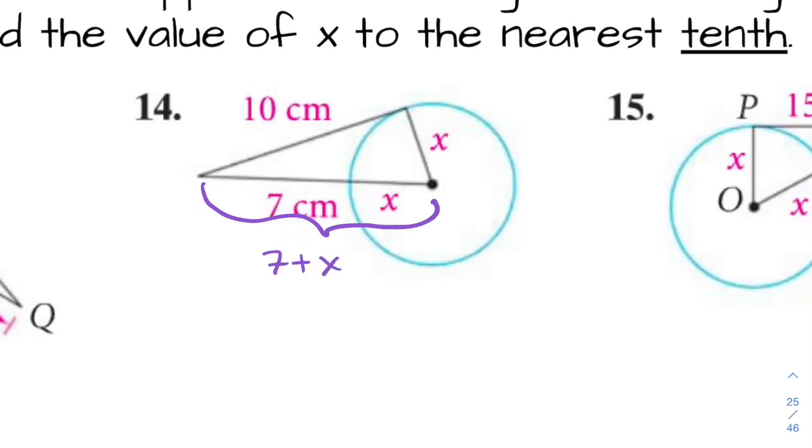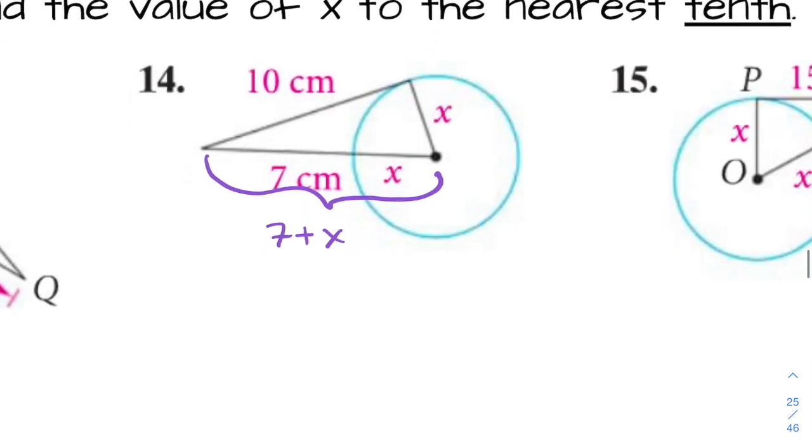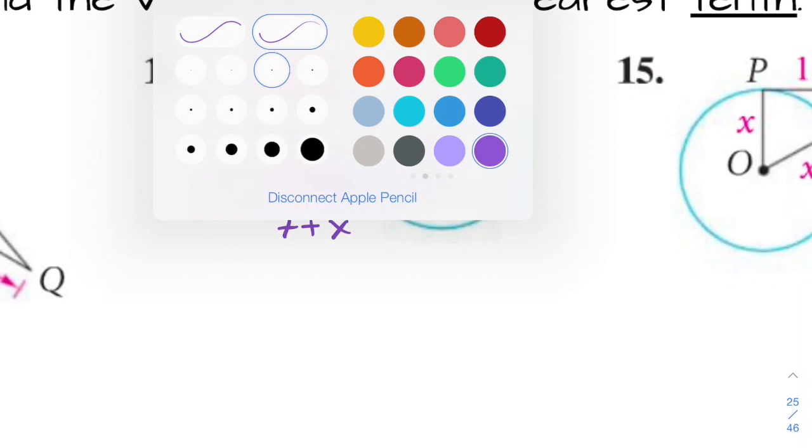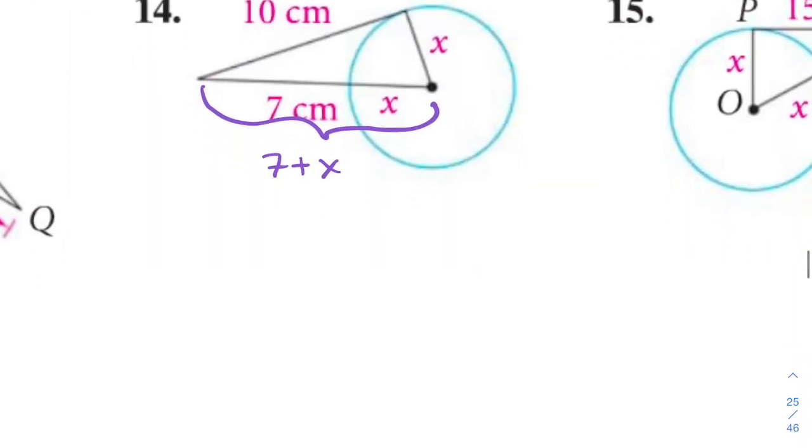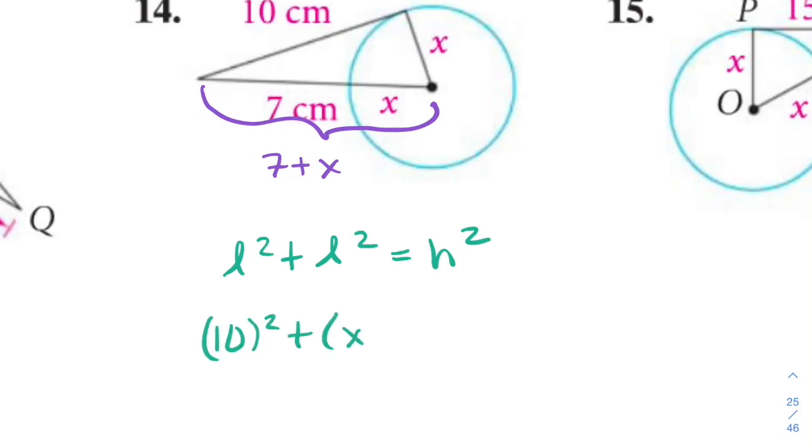Remember the warm-up, how I said you're going to have to use the distributive property? So we are going to find what would make it tangent. We're going to do L squared plus L squared equals H squared. So 10 squared plus x squared equals, in actuality, this would have to be your hypotenuse.